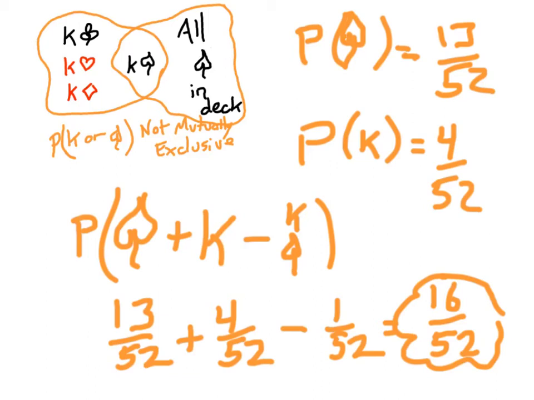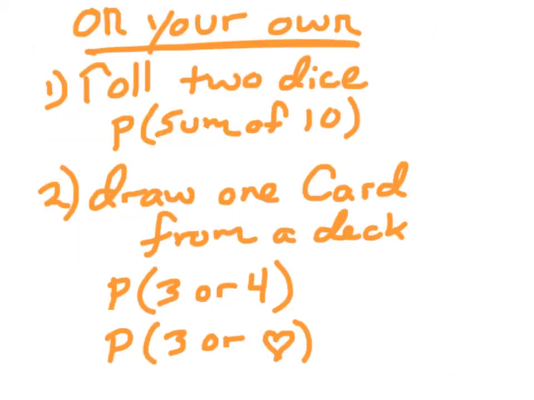But now we're going to go on to some problems that you can try on your own. Okay, with these ones, do these on your own. First, roll 2 dice. What is the probability that the sum of those 2 dice is equal to 10? You're going to have to think about how many different ways you could roll 2 dice and get the sum equal to 10.